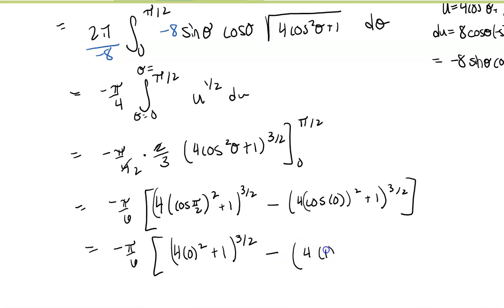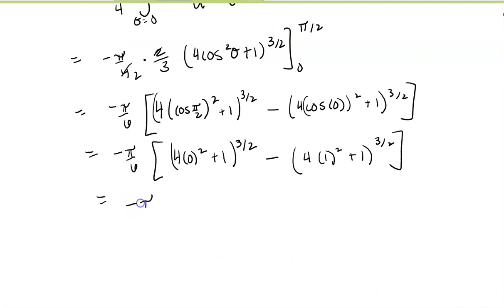Cosine of 0 is 1. So we have 4 times 1 squared plus 1, all raised to the 3/2 power. So this is negative pi over 6 times 4 to the 3/2 power minus 5 to the 3/2 power.